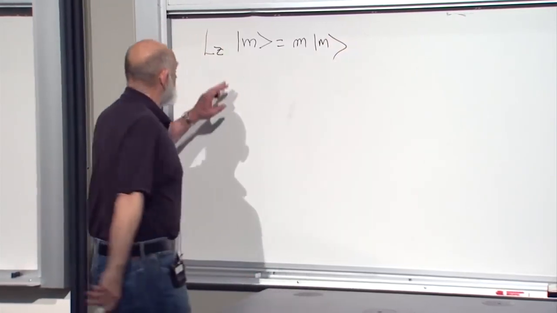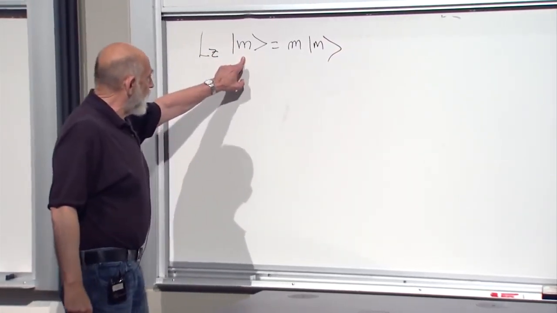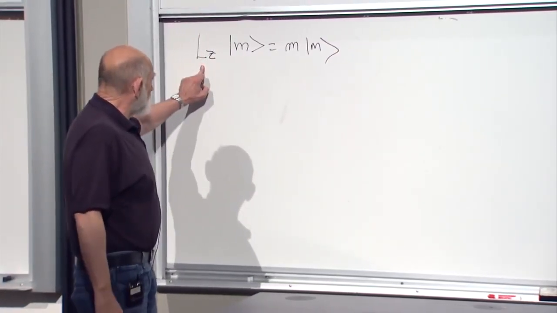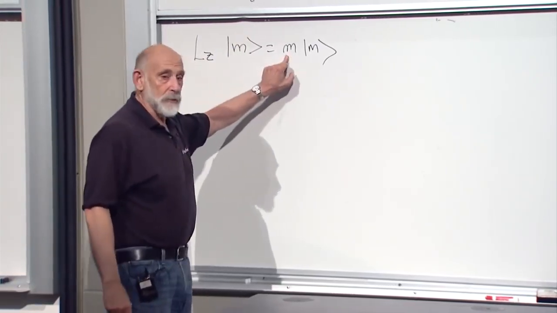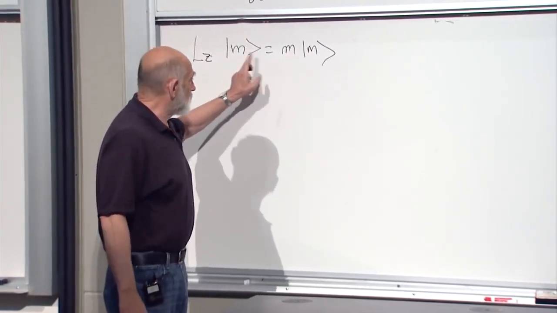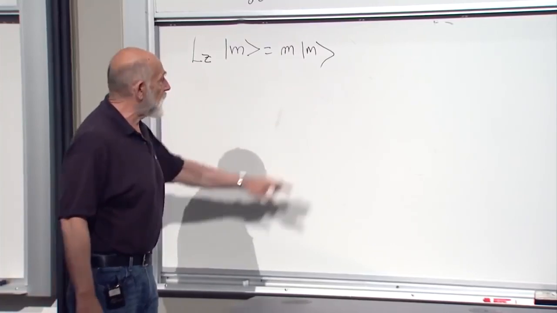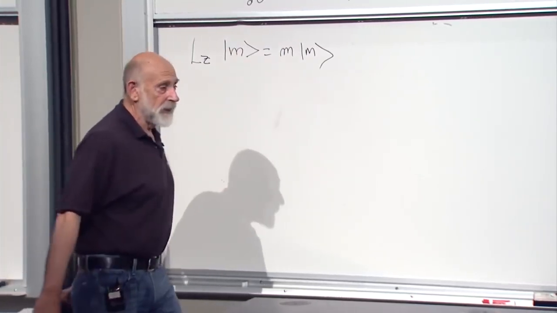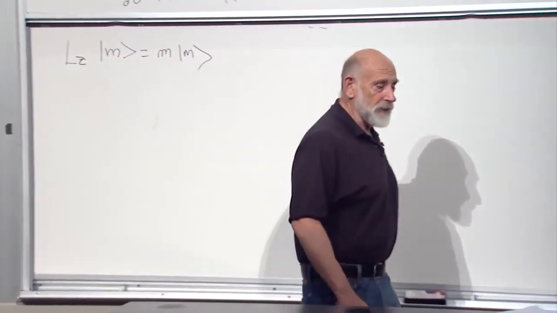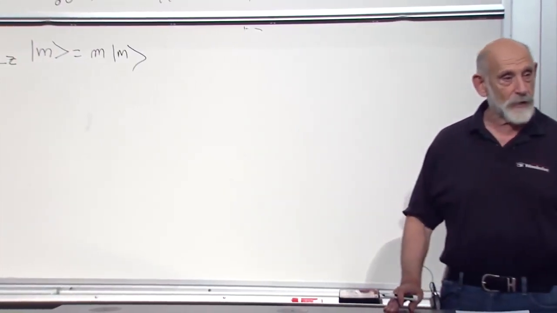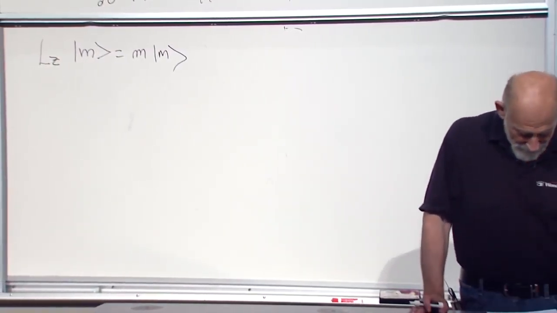This is the equation that says that the eigenvector m is an eigenvector of L sub z with eigenvalue little m. Sort of redundant notation. I've used the same notation for the eigenvector and the eigenvalue. And here's where mathematicians go crazy because they don't like you to use the same notation for 2 things.